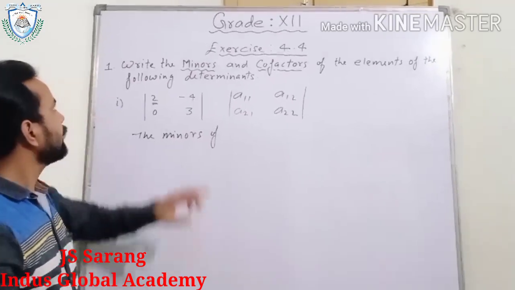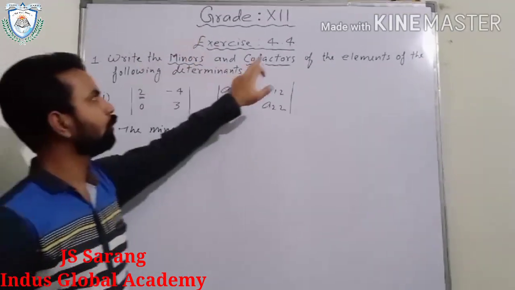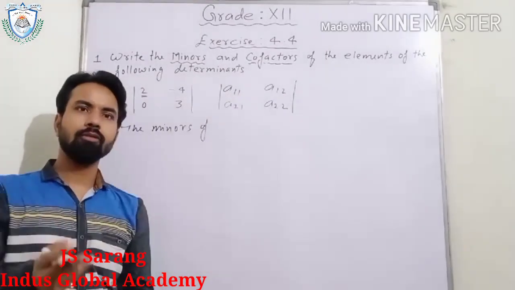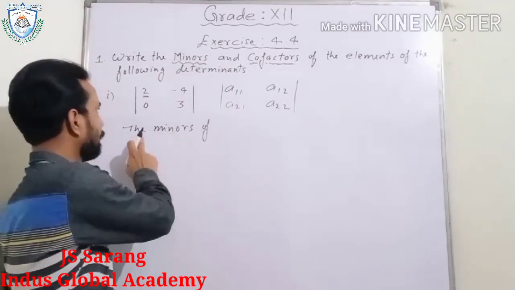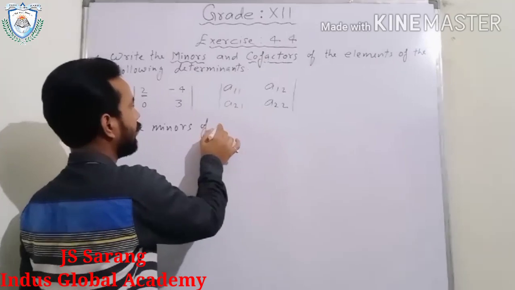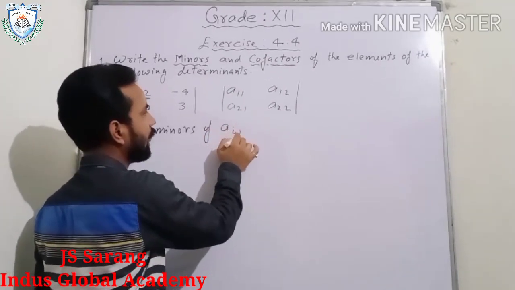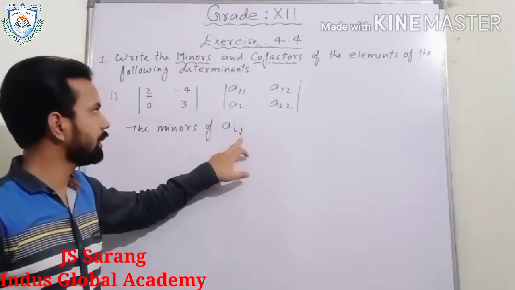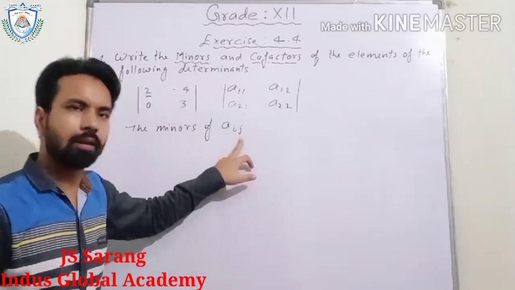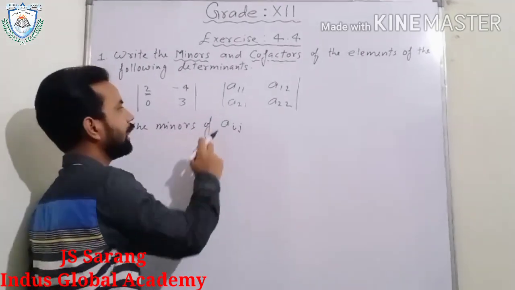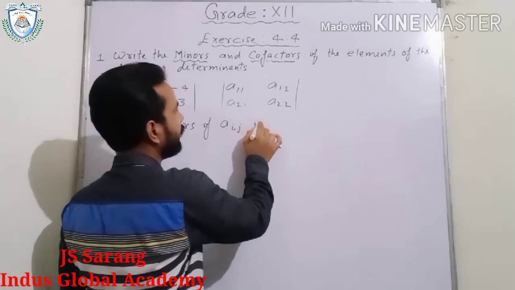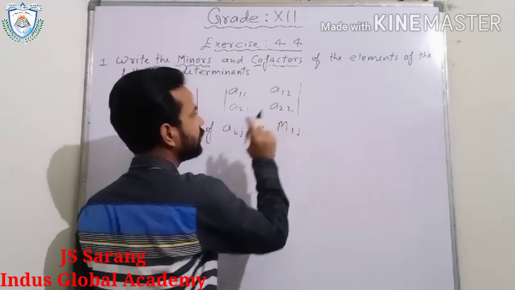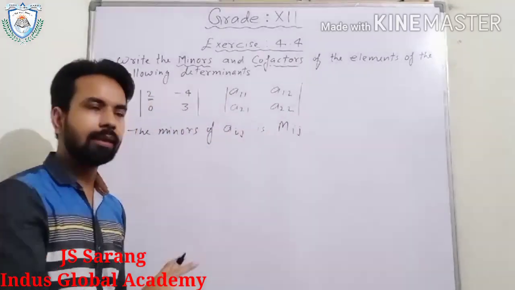Clear? The question is asking about the minors and cofactors of the elements of this determinant. So first of all I will tell you what the minors are. The minors of element Aij, where i is the number of rows and j is the number of columns, is Mij, M for minor.